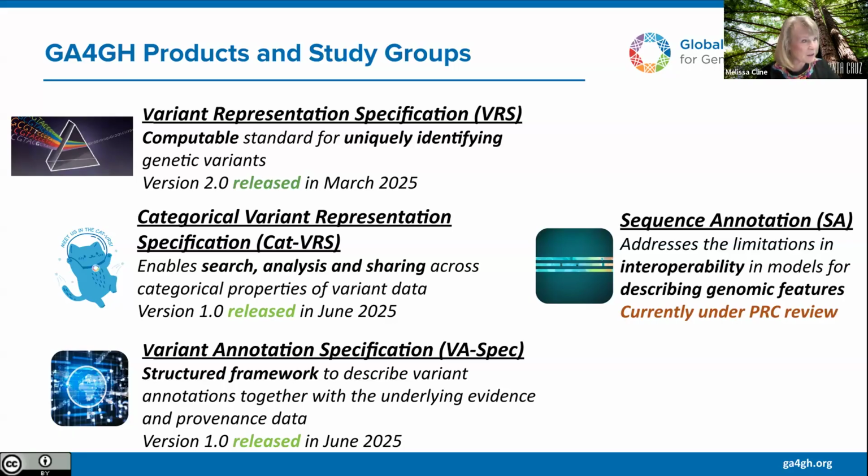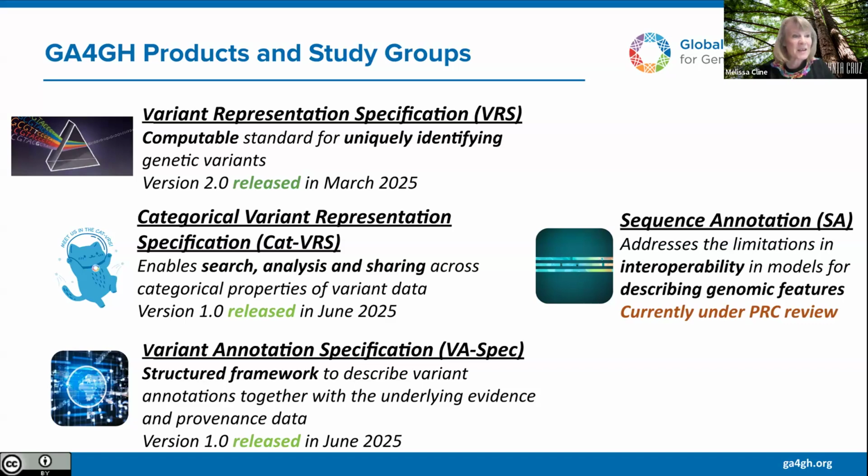Cat-VRS, categorical variant representation, you'll be hearing more about shortly, and the variant annotation specification provides a structured modeling framework for conveying knowledge on variant annotations with their underlying evidence and provenance.